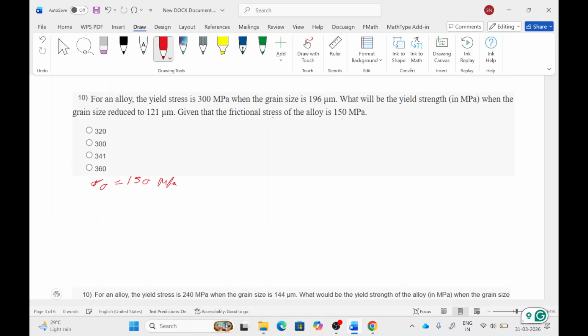So this is easy. We can get the K value easily. So root 196 is generally 14.